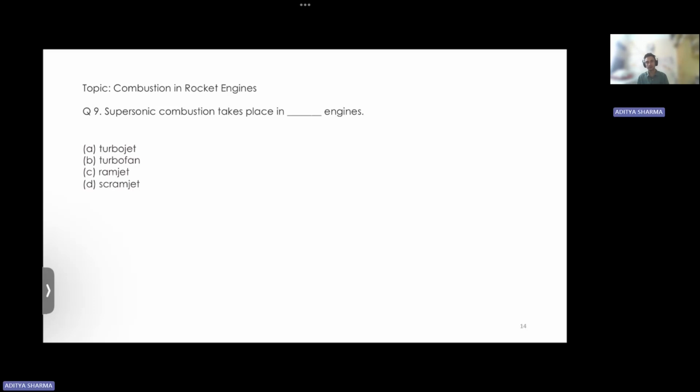The question asks that supersonic combustion takes place in dash type of engines. Four options have been given: turbojet engine, turbofan engine, ramjet engine, and scramjet engine. Which one is the correct option?